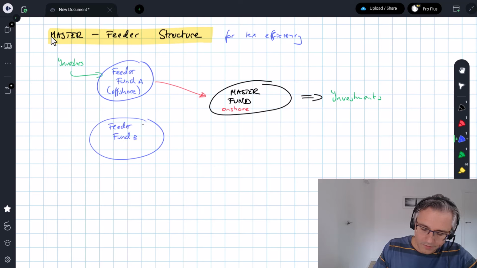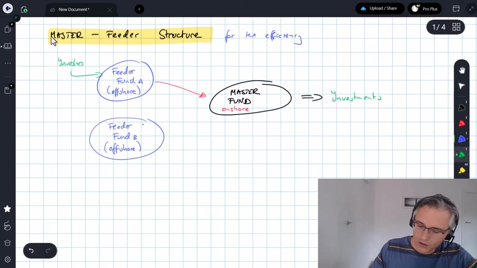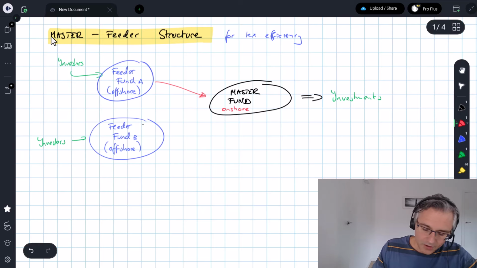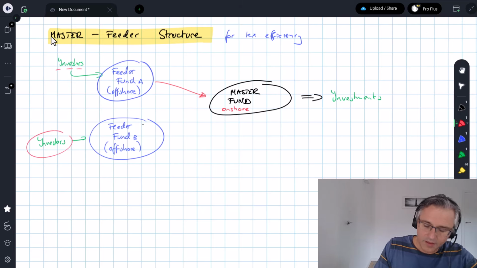Say this is feeder fund B, also in some kind of offshore jurisdiction, to which other investors will be supplying capital, money. And actually, these investors are different than these up here.